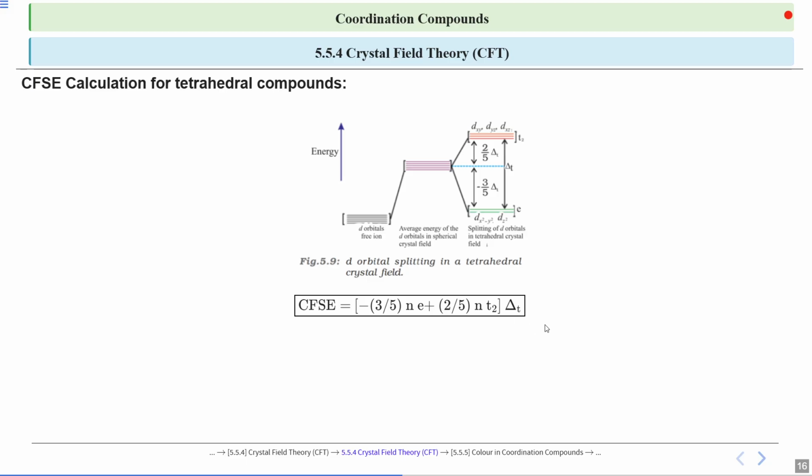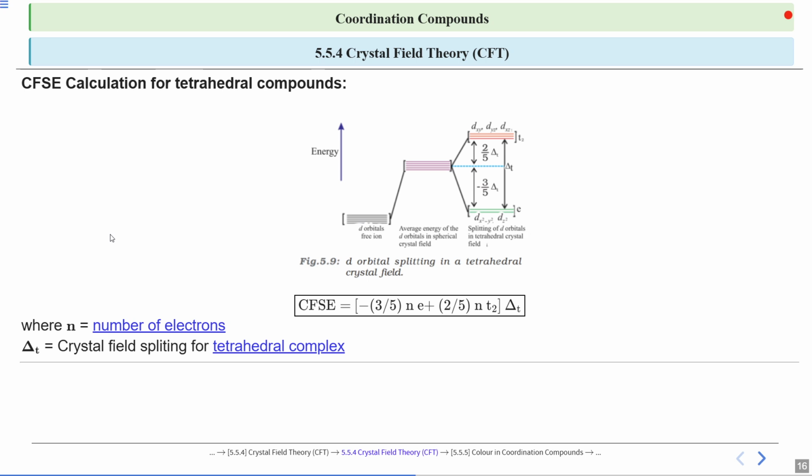Delta T is the crystal field splitting energy for tetrahedral complexes. So N denotes the number of electrons in each set, and delta T represents the crystal field splitting for the tetrahedral complex. So this is the formula you can use for the calculation of CFSE for tetrahedral compounds.